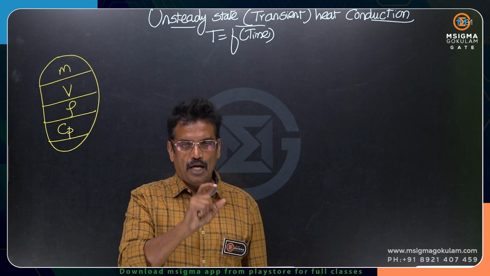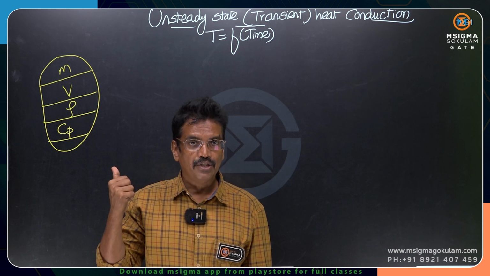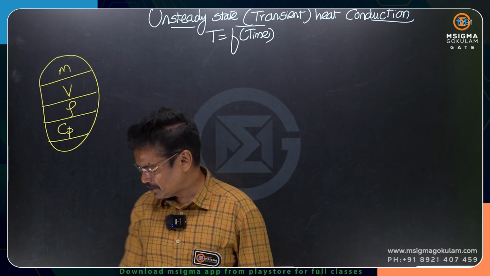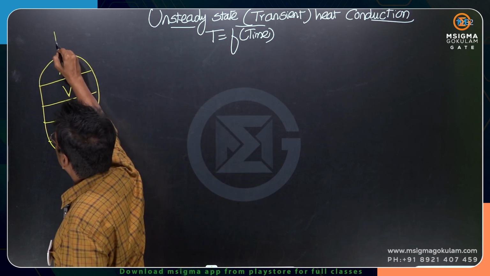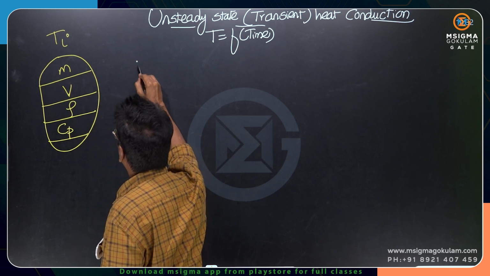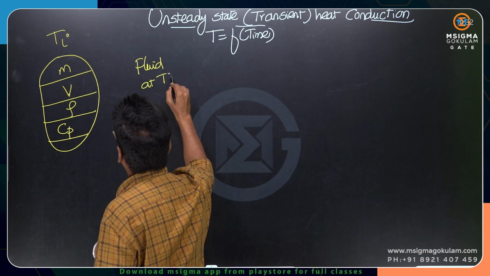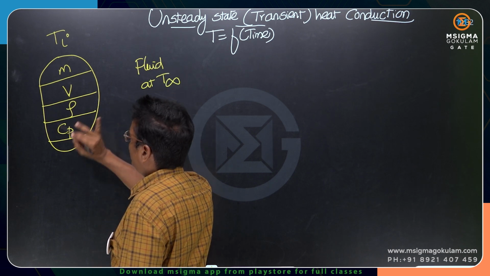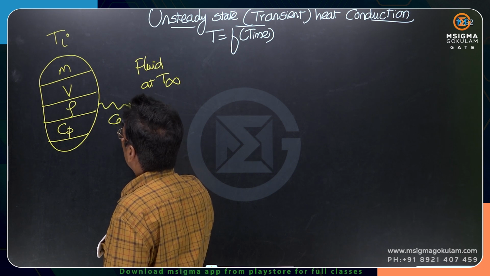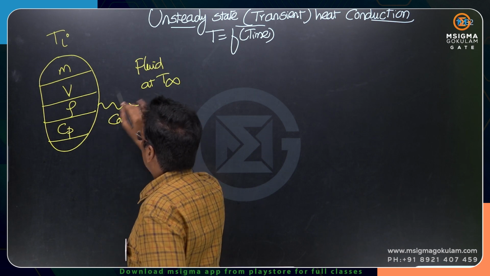Okay. I repeat once again the initial statement. A body is kept inside a furnace, heated to a sufficiently high temperature, maybe Ti. Suddenly it is exposed to an ambient fluid at T infinity. The moment it is exposed, the body keeps on losing heat by convection. What is the mode of heat transfer between the body and the fluid?